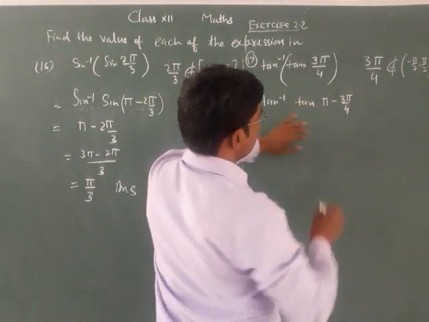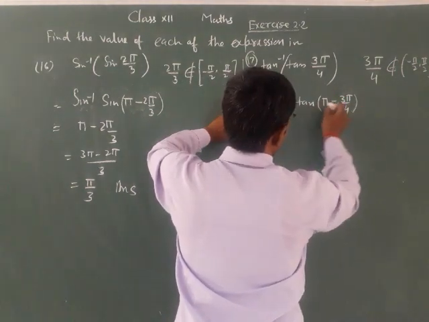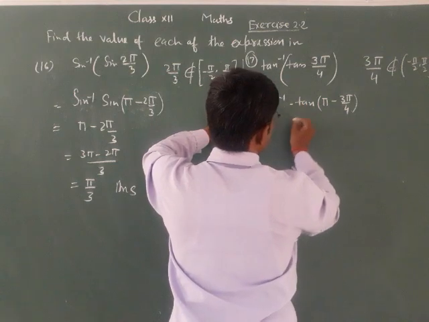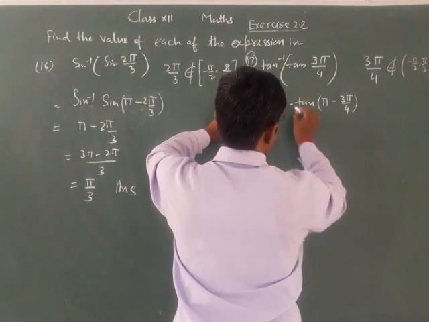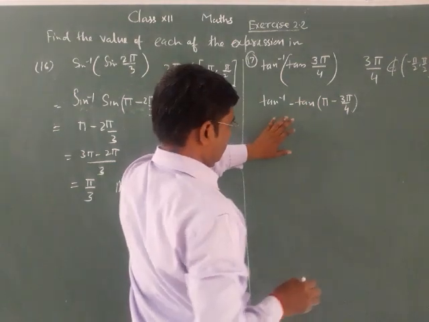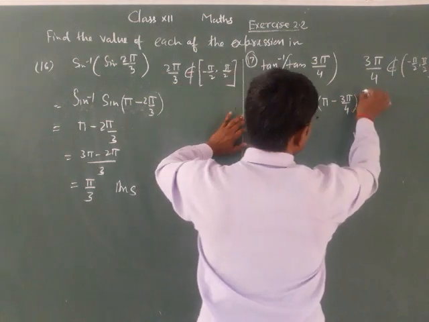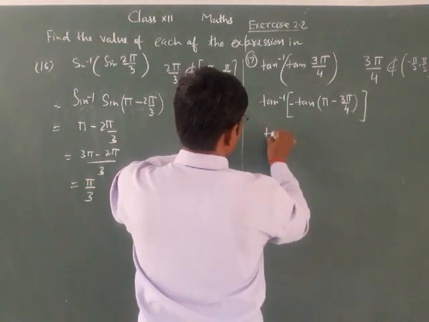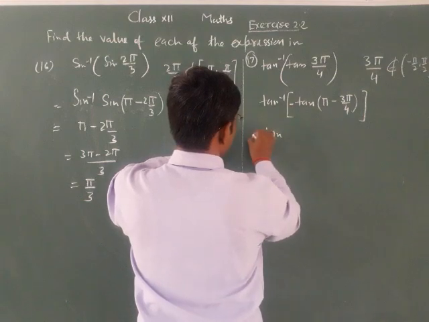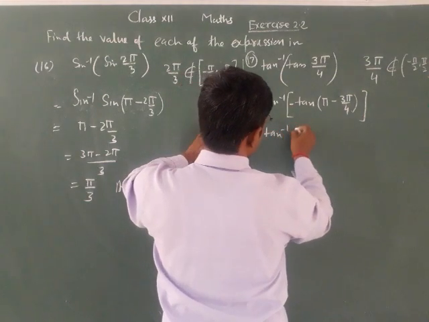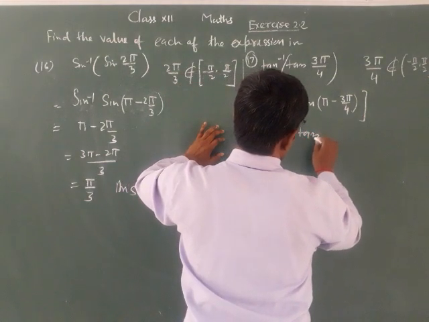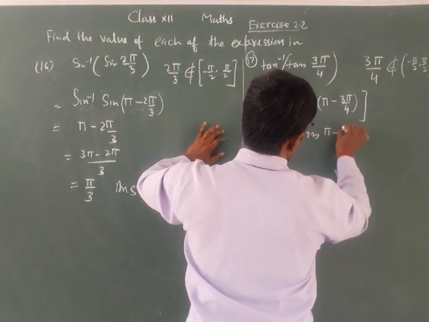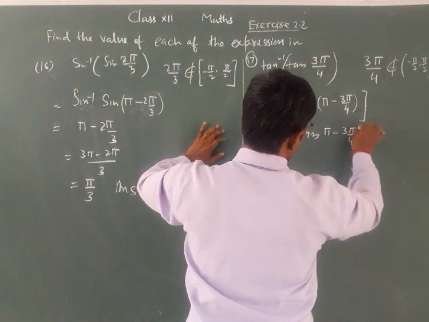So now this is pi minus pi by 4, this is minus pi by 4. So tan, this is minus common out, tan inverse tan pi minus 3 pi by 4.